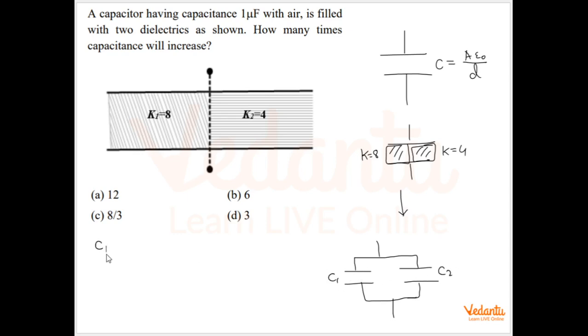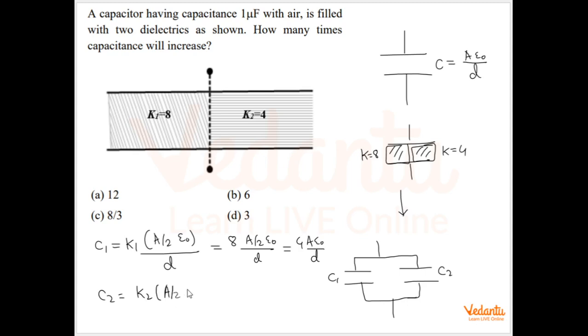So C1, my dear bachcha log, will be K1 into A by 2 epsilon naught by D. That will be equal to 8A by 2 epsilon naught by D. That will be equal to, beta, if you think about it, 4A epsilon naught by D. And C2, my dear bachcha log, will be K2 into A by 2 epsilon naught by D. The area beta will become half because the dielectric slab is only there in the half region.